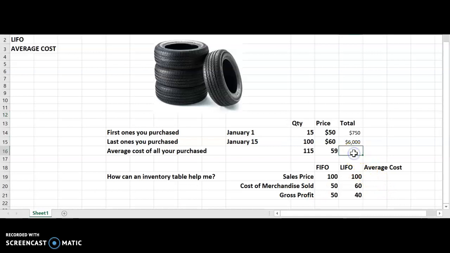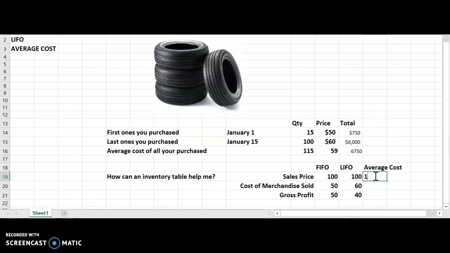And then if we multiply that, 115 times the 59, then the total cost, notice it is the same as if you were adding up the total cost here. Also notice the unit price, $59 for the average cost, is closer to $60. And the reason is that we have so much more at $60 than we do at $50. So it makes sense for the weighted average to be almost $60.